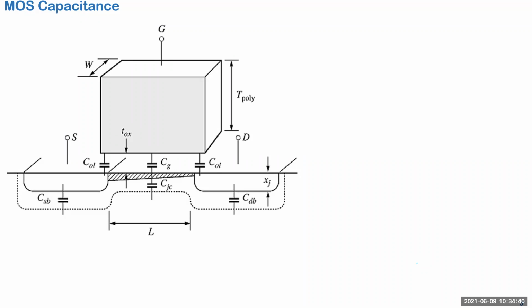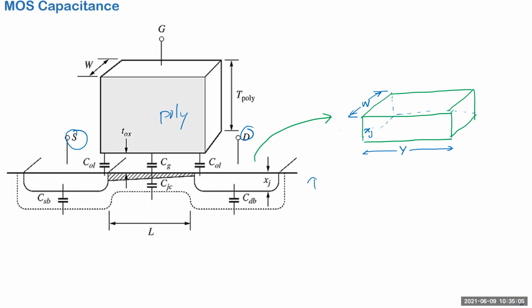So for example, you can see here, let's say this was an NMOS. This is your poly, your gate, and let's say this is your source, this is your drain, right? If you remember, we have two types of caps.